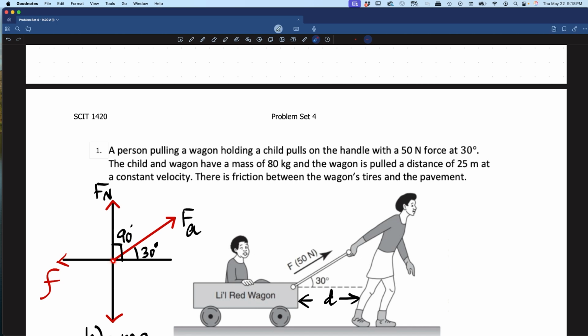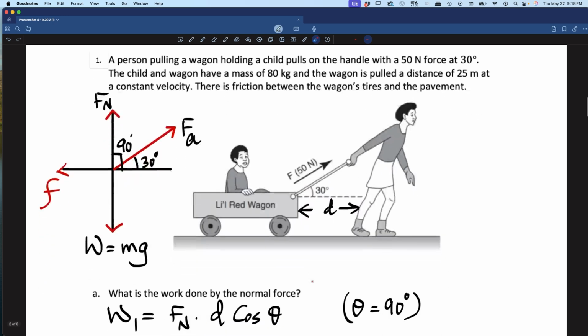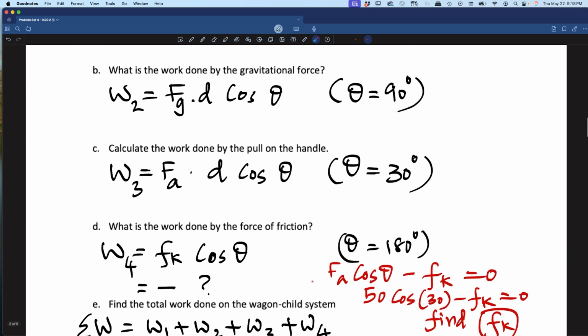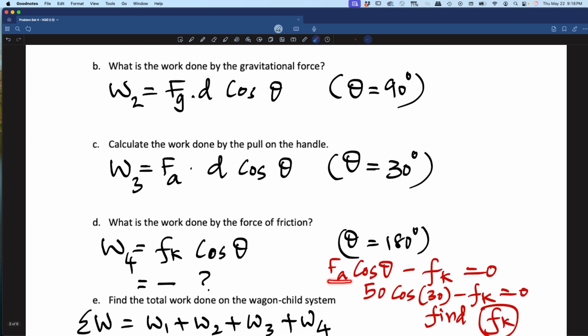The total force on the wagon is 0, which means if you take the x component of the applied force, it should be equal to friction. So the x component of the applied force, minus friction, must be 0.